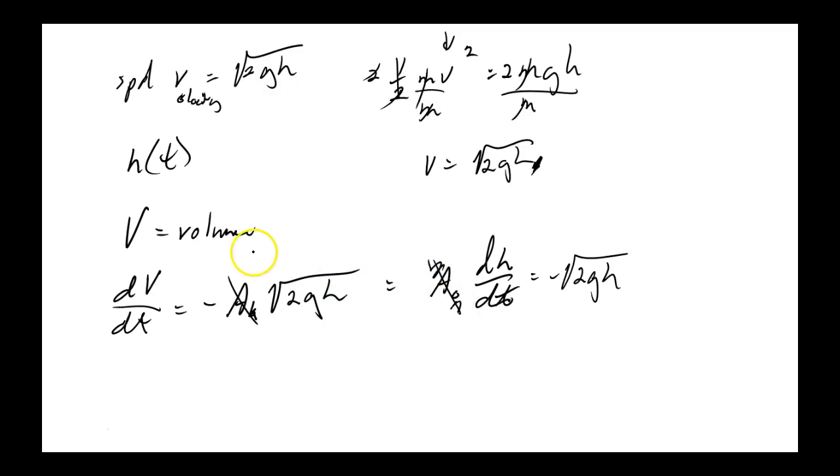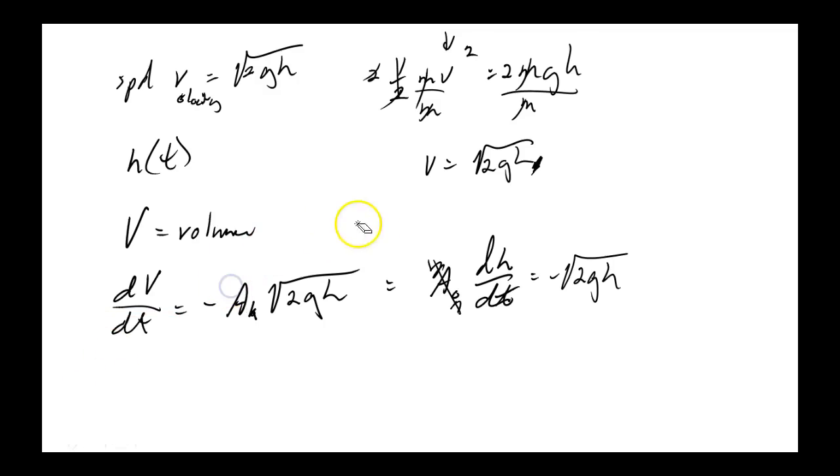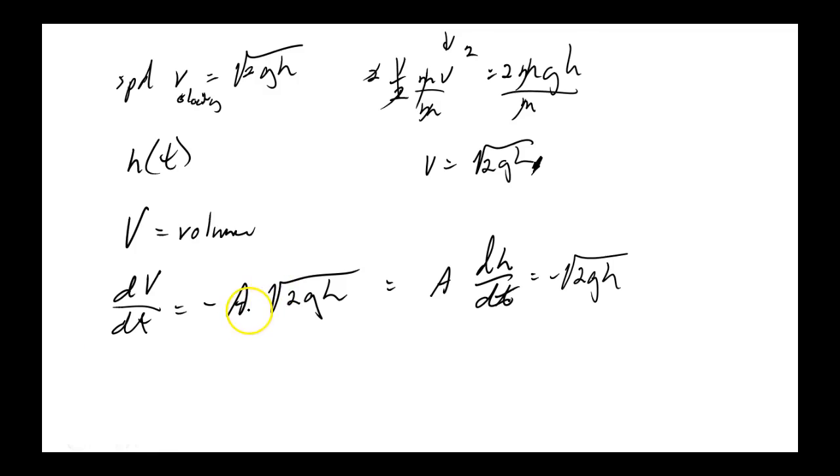Okay. So now we have the dH dt. Let me get this cleaned up some here. Whoops. Sorry about that. Okay. Now, let me get that straightened out again. This is the area of the hole. This is the area of the tank.